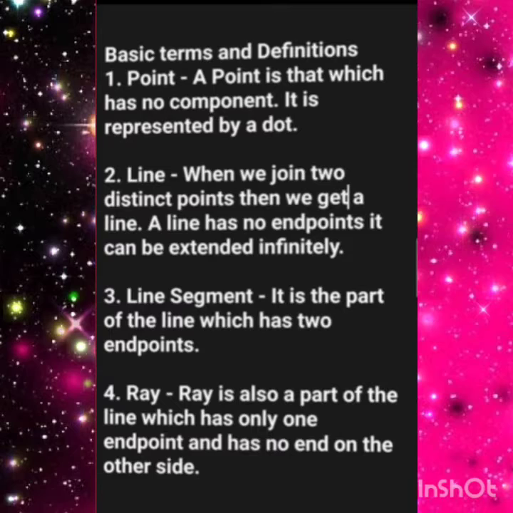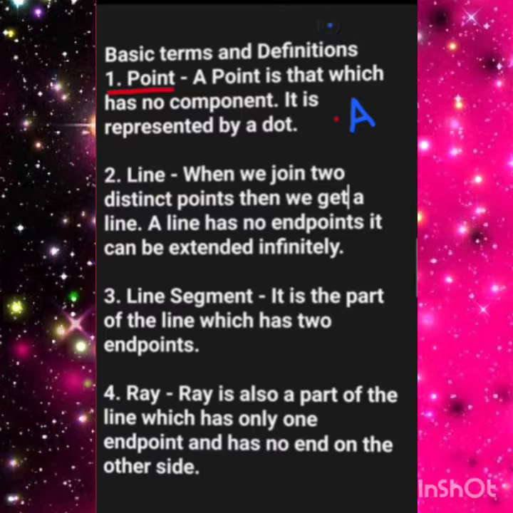It contains, first, point. You can see the first one is point. What is a point? A point is that which has no component. It is represented by a dot. Mere a dot defines a point. Dear student, if I say this is point A, then it's okay.